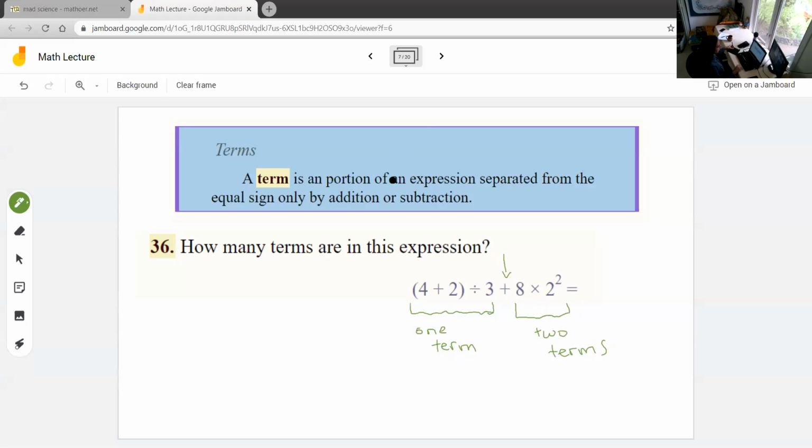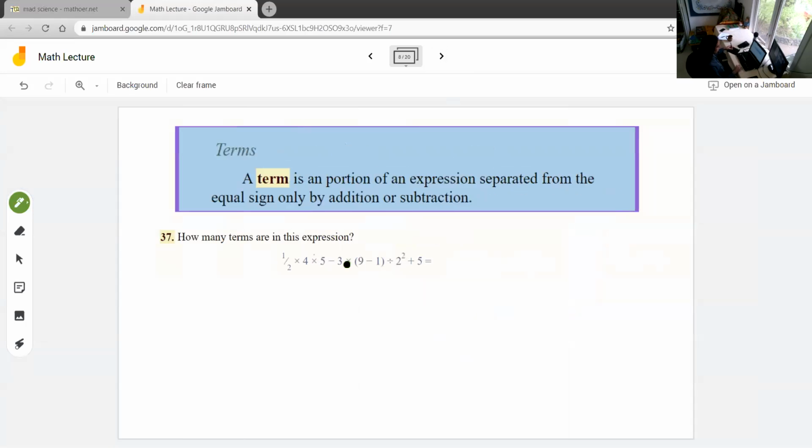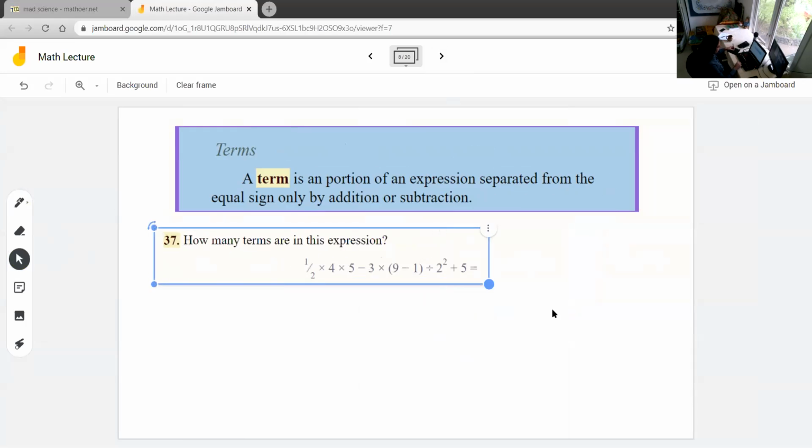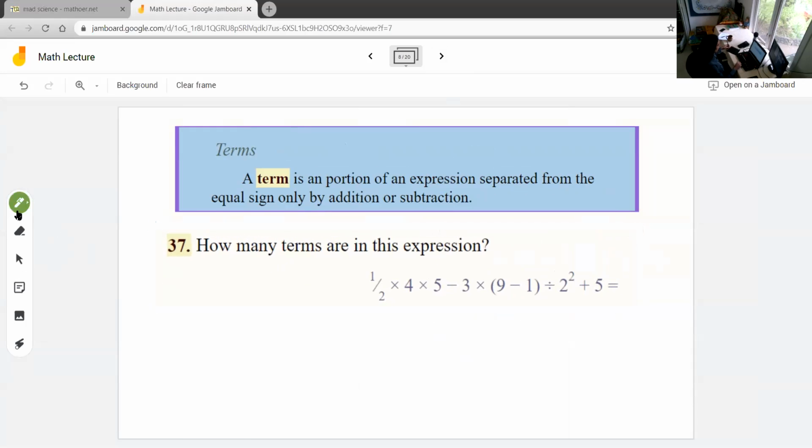Let me do another one before I ask for questions. So, aha, I come to a plus or a minus that's not inside parentheses, so that's my first term.